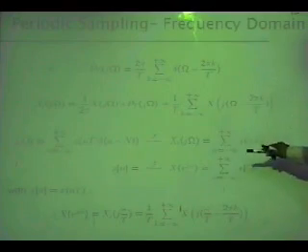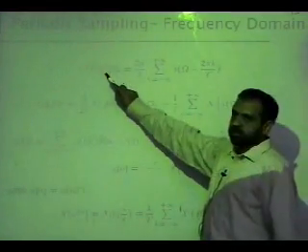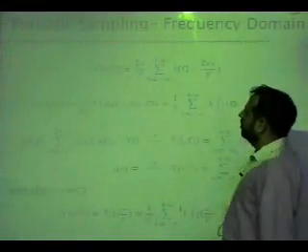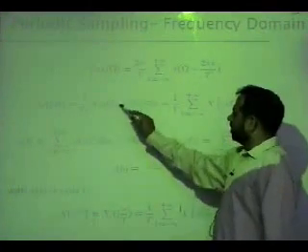This I have already explained, that this is a train of impulses in frequency, and this is the Fourier transform of a train of impulses, and with 1 over 2π you are convolving these.